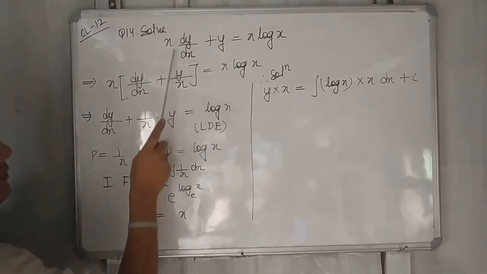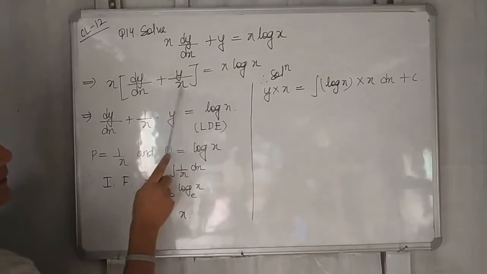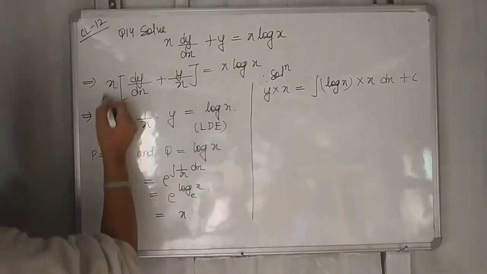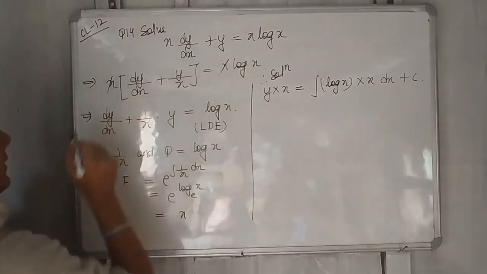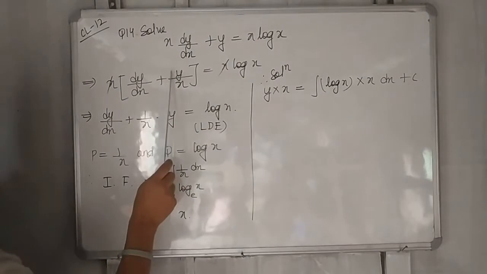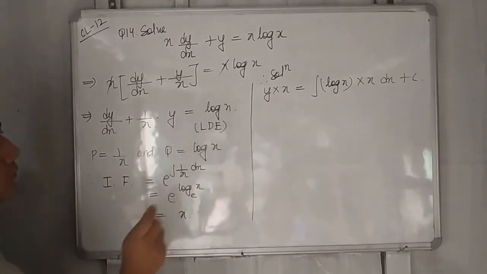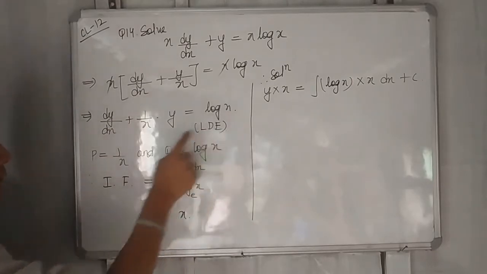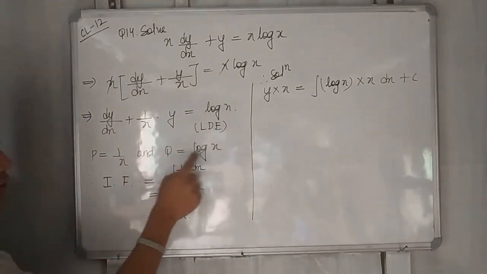So this will be dy/dx + y/x = x log x on the right hand side. On the left and right we can cancel x and x so that we get dy/dx + (1/x) y = log x, which is a linear differential equation in y with P = 1/x, Q = log x.